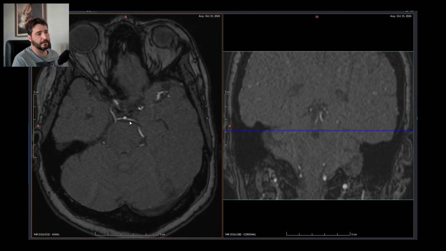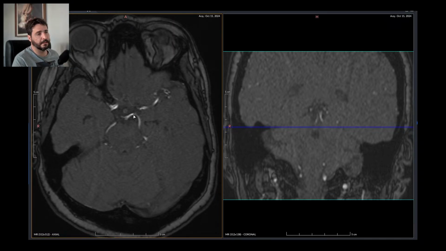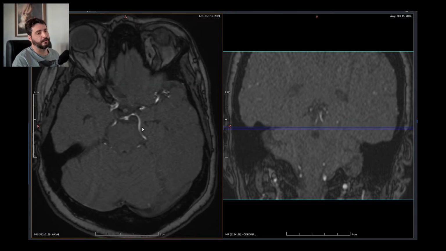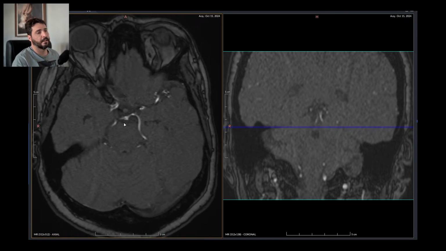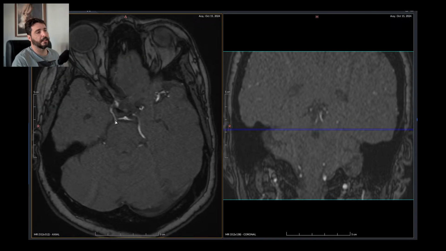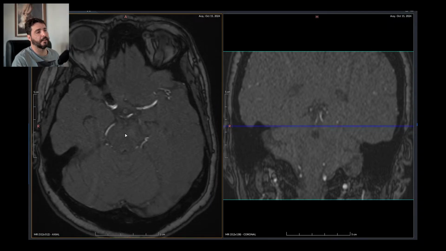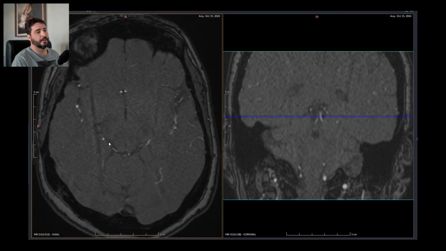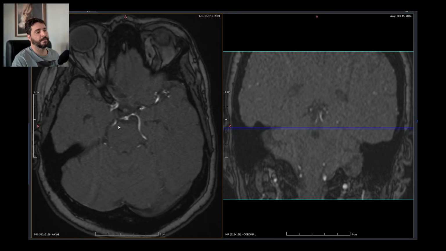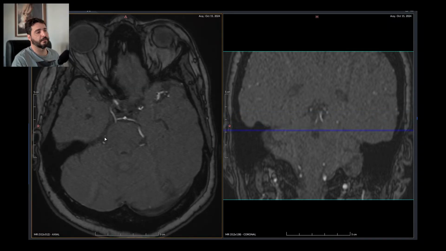These are the superior cerebellar arteries and this is the left posterior cerebral artery, P1 segment, and there is a hypoplastic P1 on the right that is supplied by an enlarged posterior communicating artery right there, which then takes the name of P2 segment of the posterior cerebral artery.